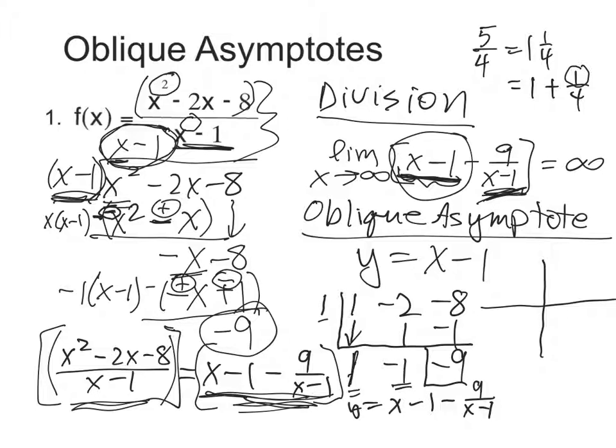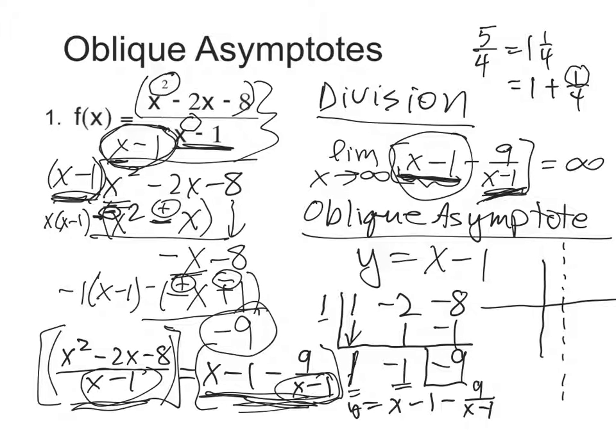That would be what? From the denominator, either there or there, we'd have a vertical asymptote at x equals 1. That doesn't change whether we have horizontal asymptotes or oblique asymptotes. Vertical asymptote, we find that the same way.